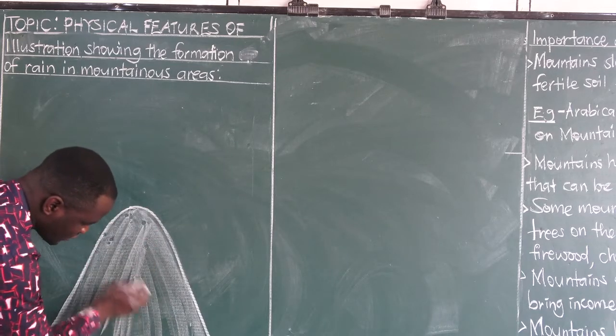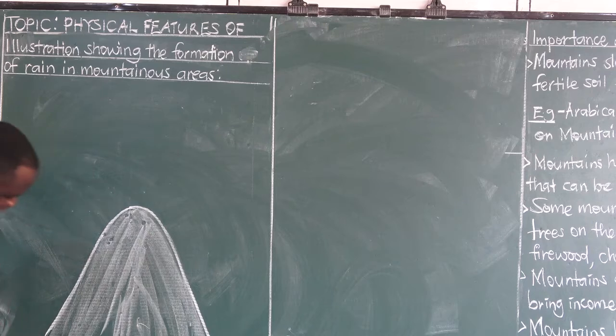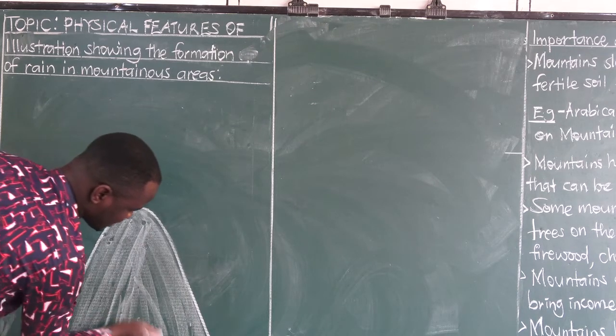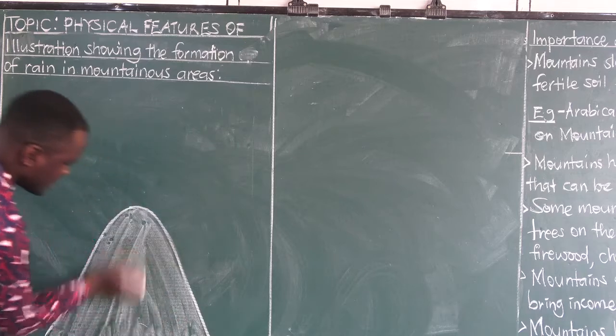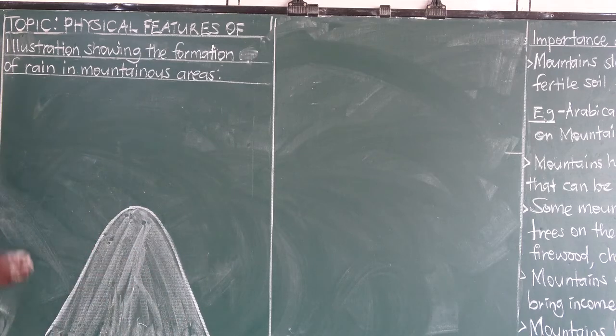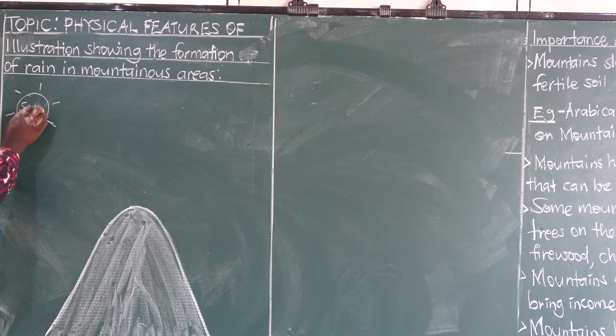We have illustrated our mountain. Now, remember, we always have the sun everywhere. The sun shines. Even in those areas, we shall be having our sun here. This is the sun.